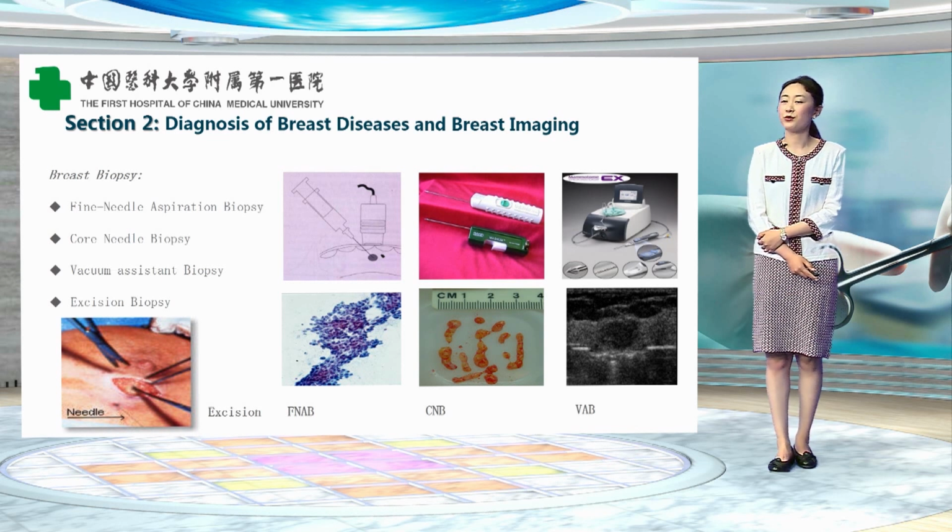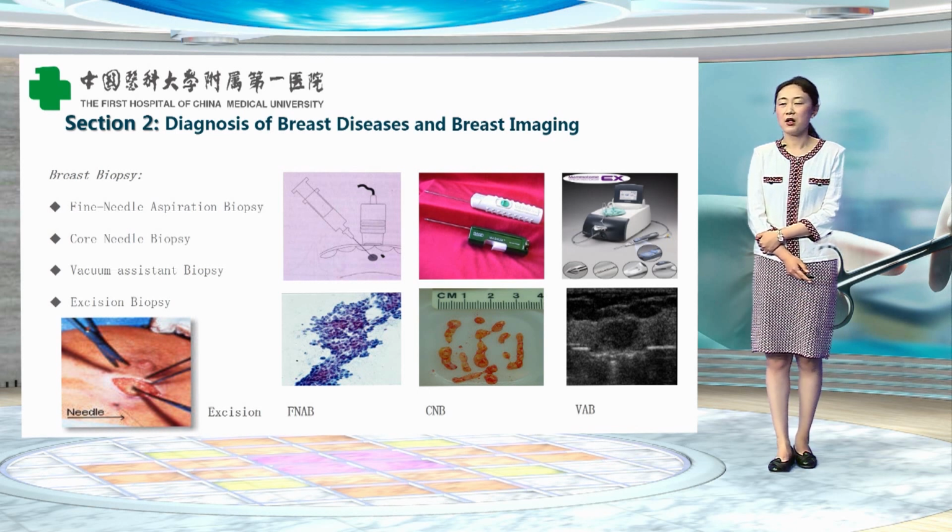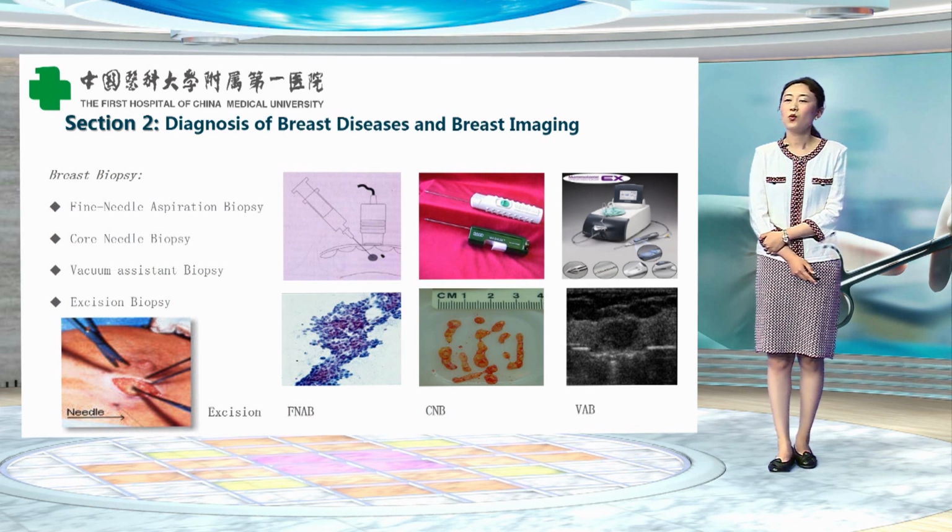For the diagnosis of breast lesions, minimally invasive procedures such as core needle biopsy are the preferred approach. But in some cases, the excision biopsy is needed, especially for a wide lesion with diffuse atypical ductal hyperplasia, where the core needle biopsy, even the vacuum-assisted biopsy, will underestimate.